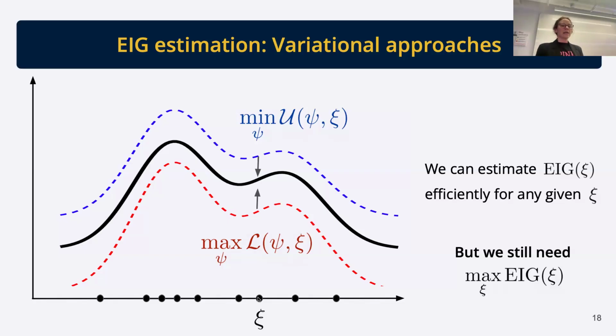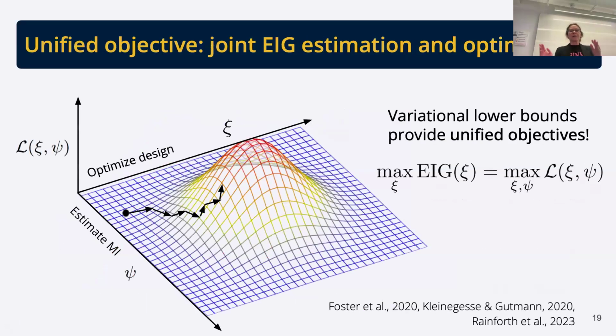As I said, historically, people have done some form of Bayesian optimization, or you can do some form of a grid search, and so on. But now the cool thing, with the increase in popularity of differentiable simulators, is that we can set up unified objectives that will allow us to jointly estimate the expected information gain and also optimize that.